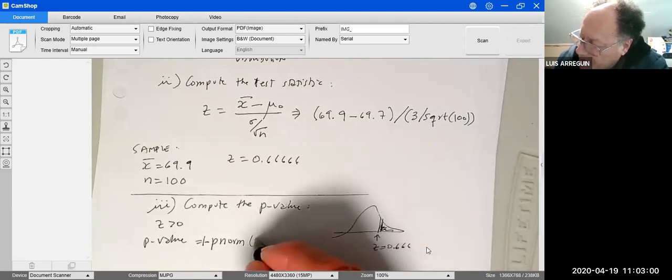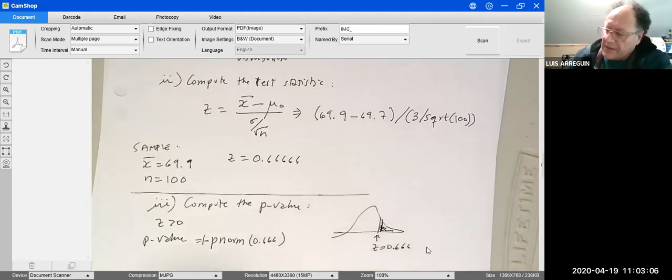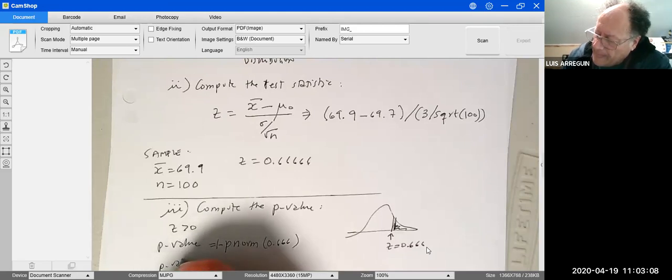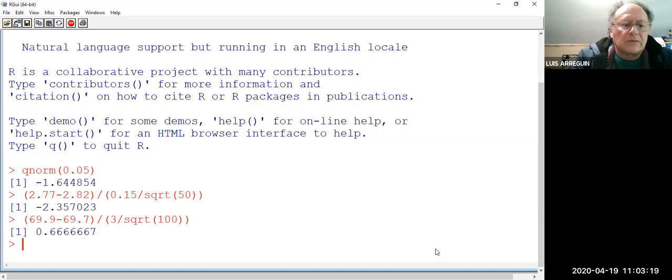Here is going to be 0.666. So let's find this value. Our p-value is going to be, let's see, our console. So we have 1 minus pnorm of 2/3.